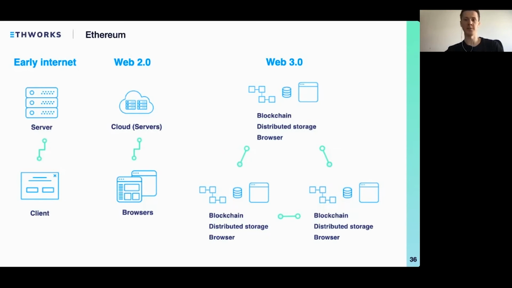And in this model, you need a blockchain to provide the common state of the service. You also need some distributed storage because, as you'll learn, blockchain is not really the place to store big amounts of data because it's really costly.